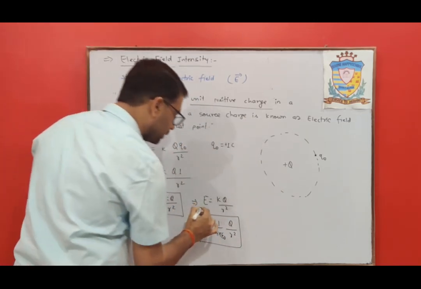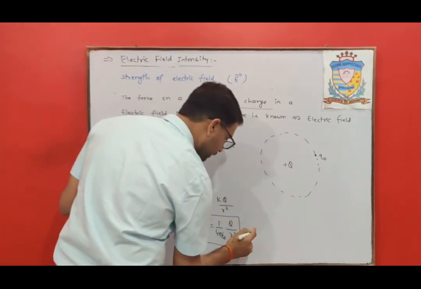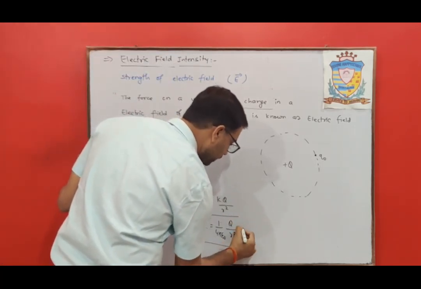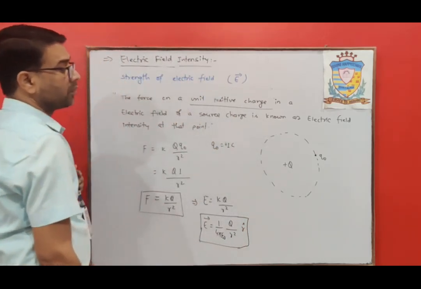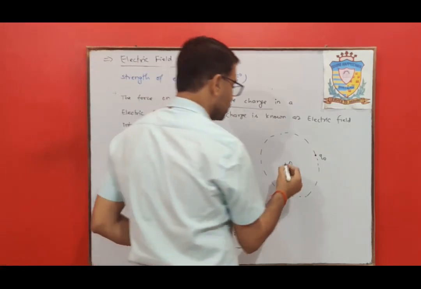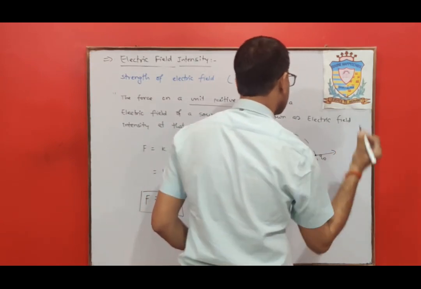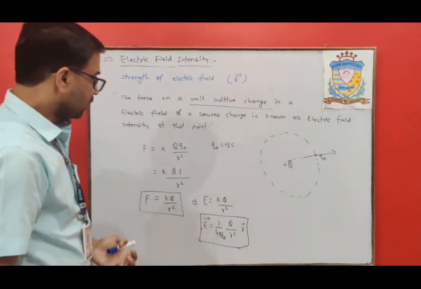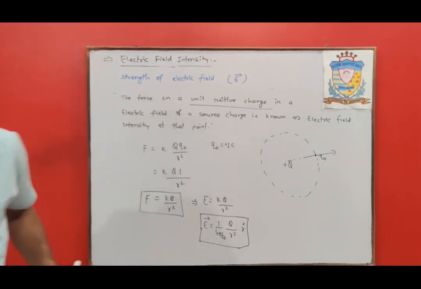And we know that this quantity is a vector quantity. So we put a unit vector in the direction of the radius, the line joining these two charges. This will be the direction. Clear?